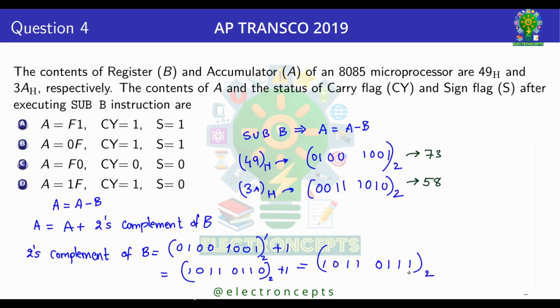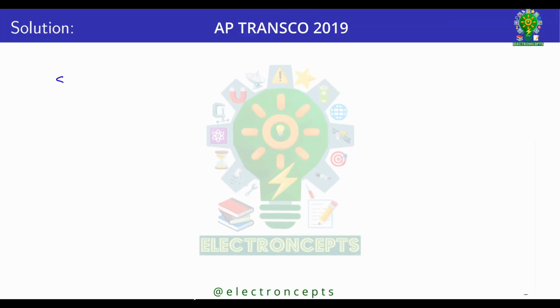Now let us perform the SUB B instruction, which is equal to A is equal to A minus B. The value of A is 3A in hexadecimal, which is equal to 0 0 1 1 1 0 1 0 in binary.